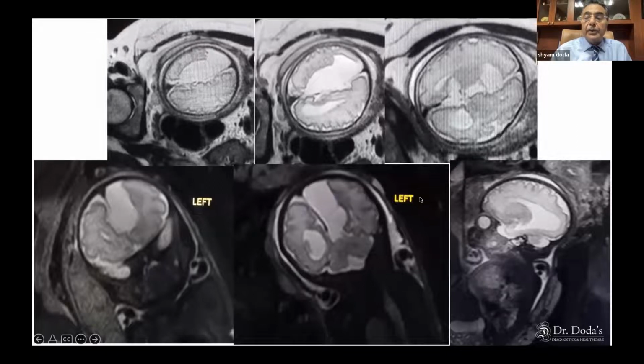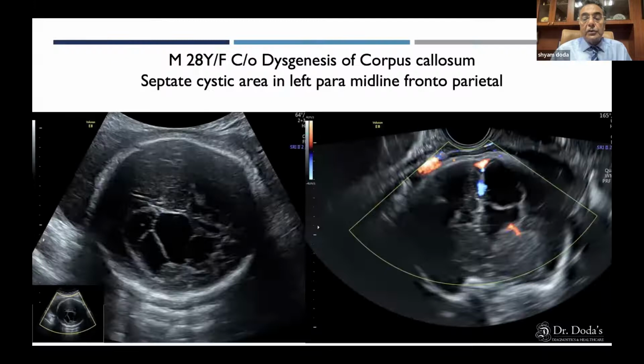So there is some brain parenchymal loss with dilatation of the ventricles. In the same case, the ultrasound was done, and this ultrasound has already been shown by Dr. Tina just now also. You can see these cystic areas showing some septa and ectopic cortex, and there was dysgenesis of corpus callosum in this case.